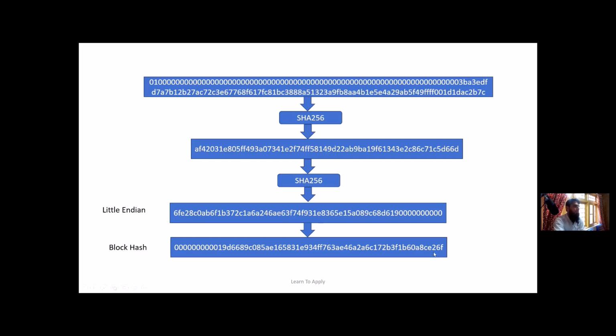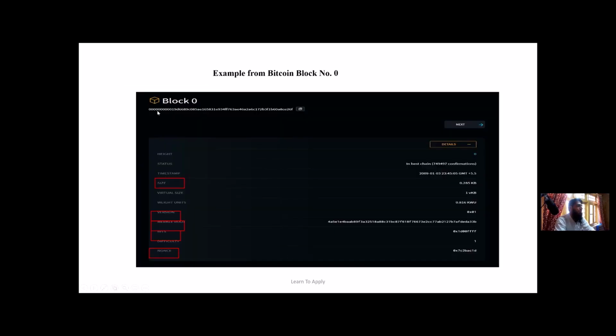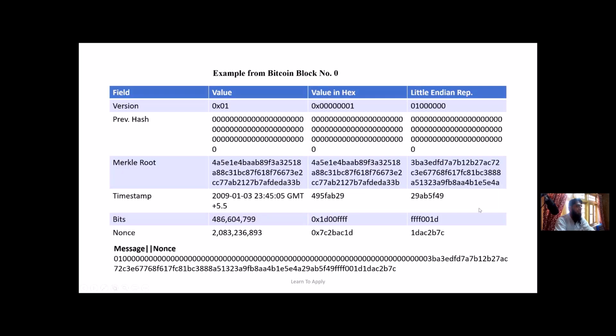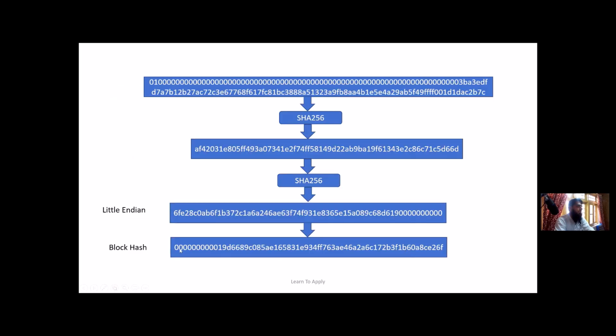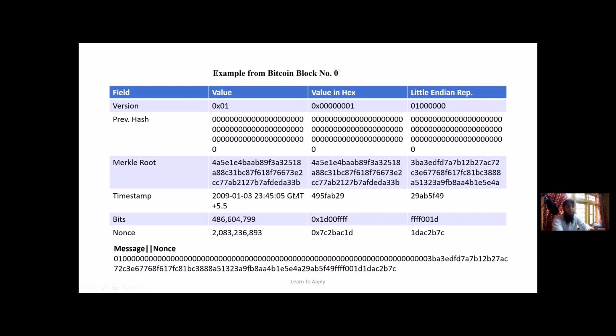That's why it's at last. So we get this hash, and that is the hash that was there, right? You see this, 00019D6689 and the 6F at last. So 1D6 D6 E2 6F is at last. So this is how you reach your target hash.